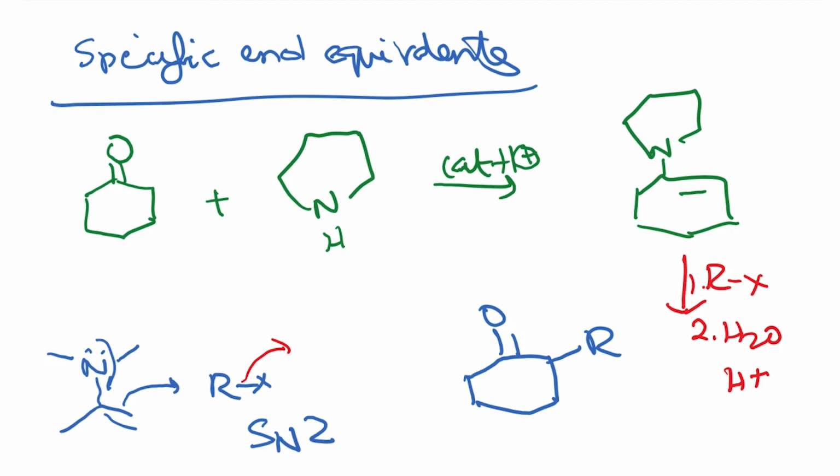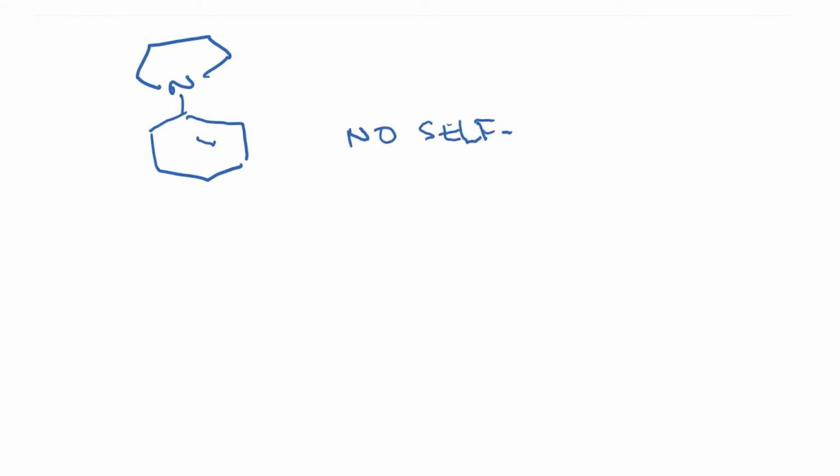So the advantages of using this kind of enamine chemistry to do alkylation reactions are, number one, that the reactivity of enamines is quite low when compared to aldehydes or ketones, and so no self condensation, right?